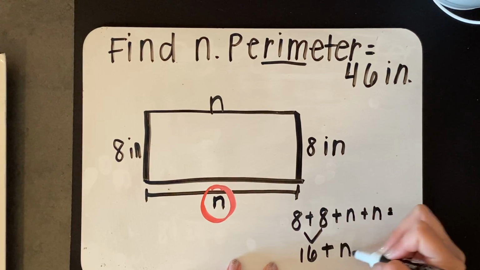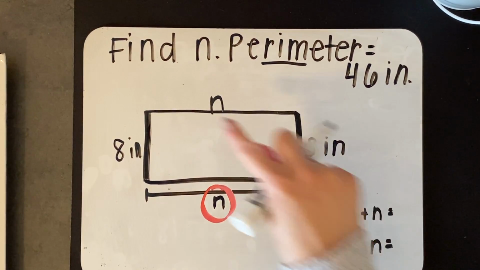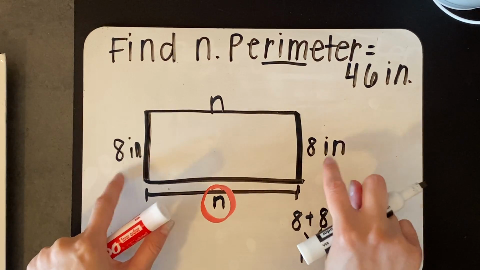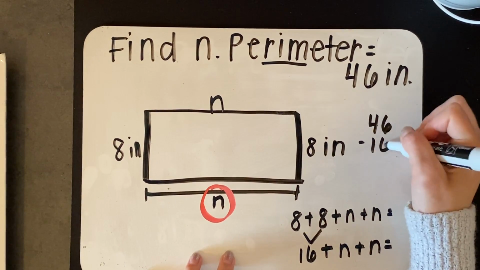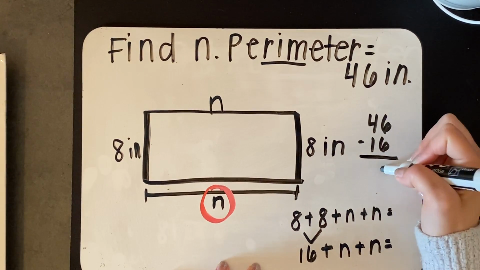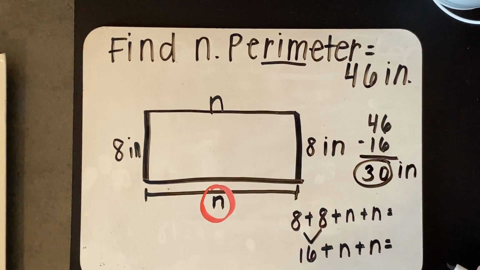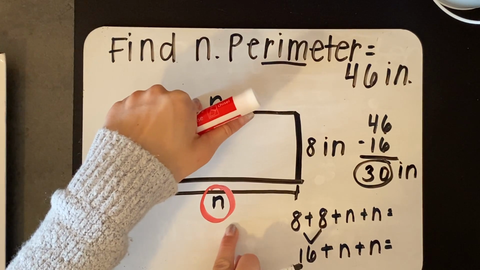And then we're missing 2 side lengths. I know the whole outside needs to be 46 inches. We already have 16 inches right here. So let's subtract them and see how many inches we still have to work with. Okay, we have 30 inches to work with, and we have 2 sides that do not have a length yet.